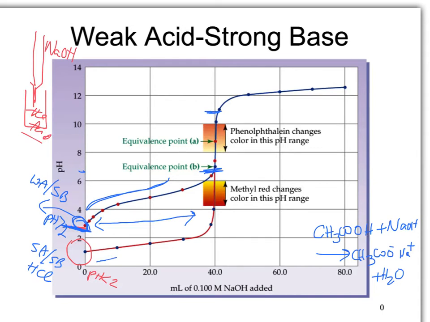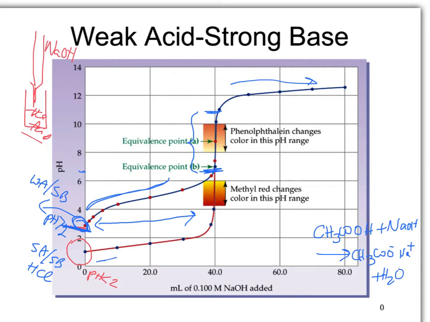So what we are saying is that this point of inflection is going to be pretty short in the case of the weak acid, strong base titration. Of course, after the neutralization point, it doesn't matter. The rest of it is going to be just the addition of the strong base, so that's going to match up. The way you determine the equivalence point is still the same.